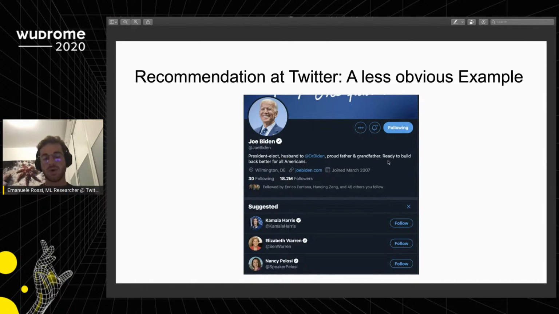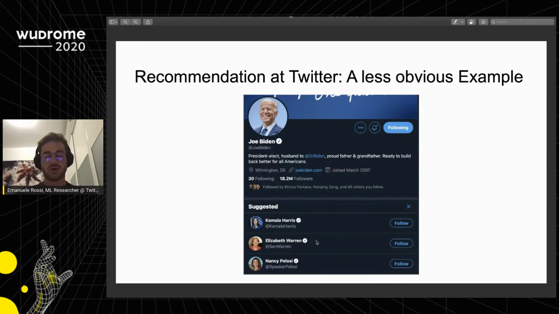What I'm showing here is what happens when you go to somebody's profile, in this case, Biden. Immediately after you follow the user, you get suggested 3 other profiles, with the idea being that we want these profiles to be similar to the user you just followed, and hoping that you are also interested in these profiles and will follow them as well.